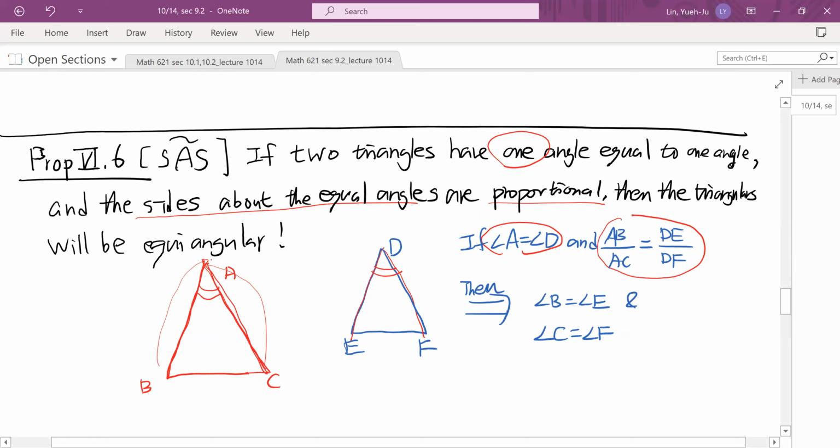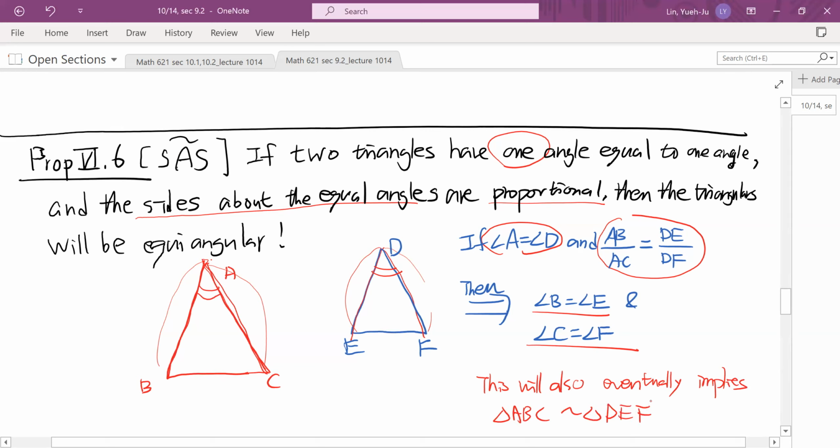So AB over AC is equal to DE over DF, right? Then you actually prove the remaining two angles are correspondingly equal. Then you essentially get back to the AAA similarity scheme, right? So then this will eventually imply these two triangles are similar, right?